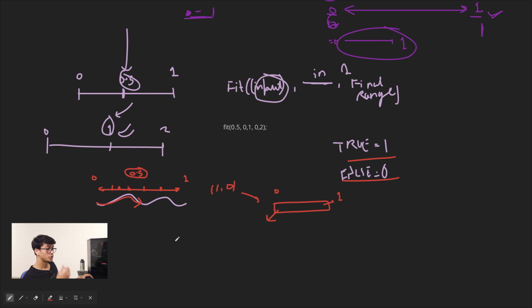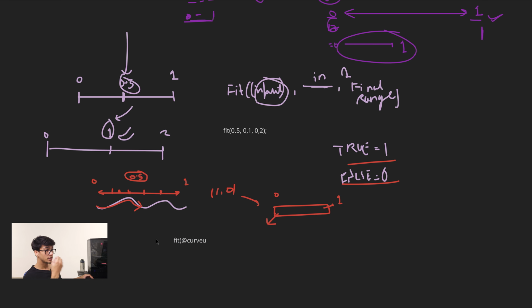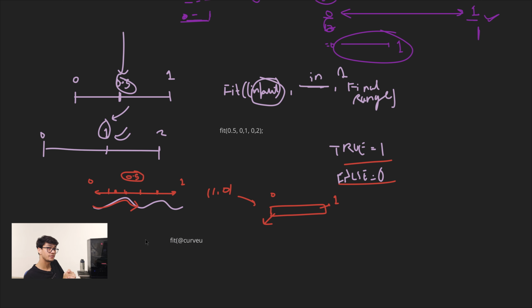And how are we going to do it? When we say fit, what is the input value here? We will input the CurveU value, or we can input the growth value too, because those values are the same and we don't need to do anything else. We don't need to normalize it now, because after normalizing we are getting the value. We just need a value between 1 and 0, so we can see what is happening here.